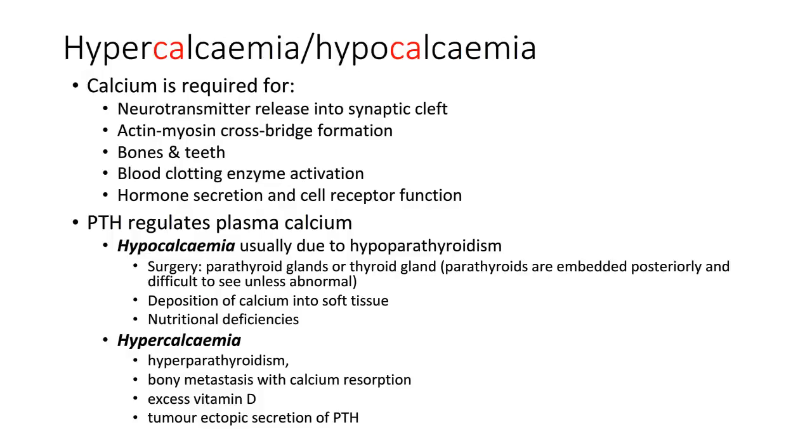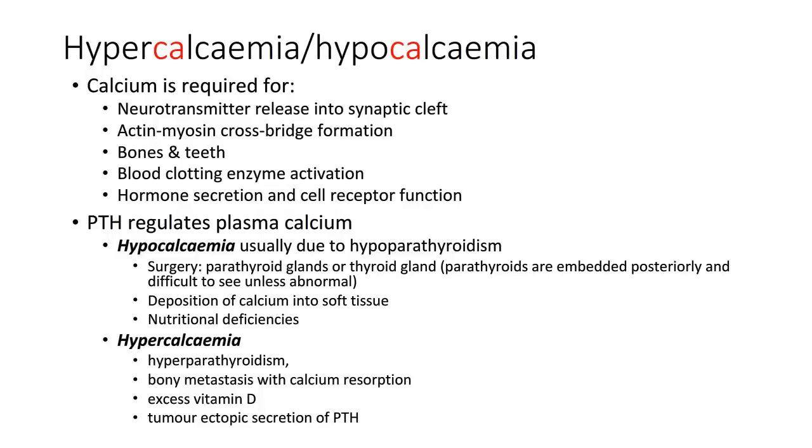Or there's an excess of vitamin D, so yes, you can have too much vitamin D. If there's bony metastases that are causing calcium release, so calcium resorption back into the plasma, that can also create problems with too much calcium in the plasma. Or hyperparathyroidism, so the parathyroid might have an adenoma in it that is making too much PTH.